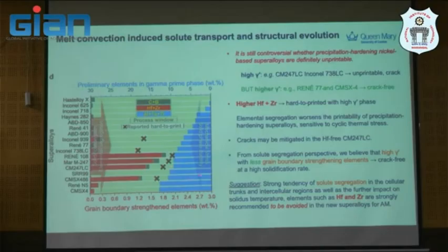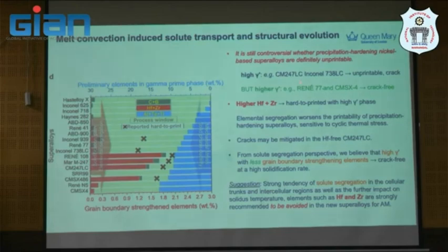This is a systematic investigation now, but it's not always the case that you have some percentage of gamma prime and you cannot print them. What is said here means that not only one parameter can tell you. It's sometimes controversial because some high gamma prime alloys can be printable, or the processing window is wider.